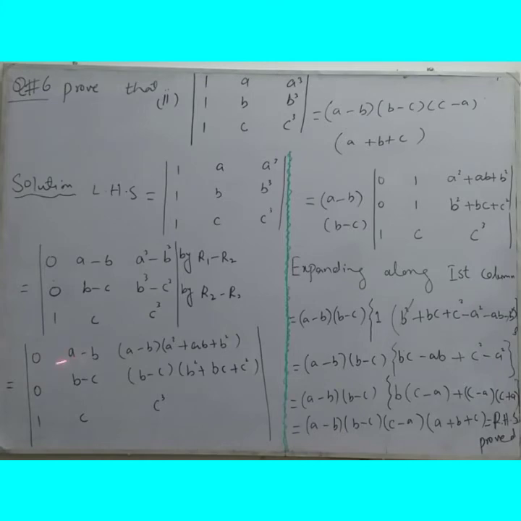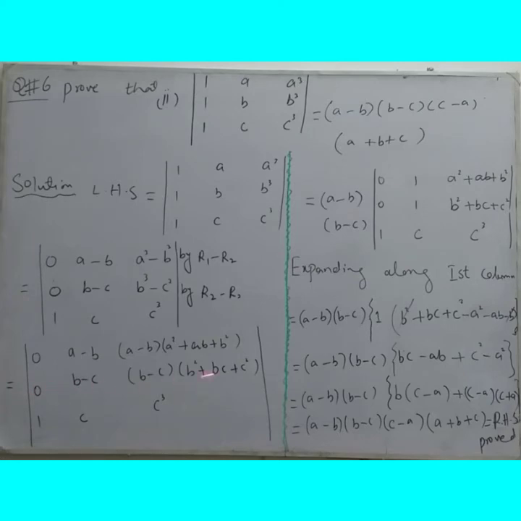Taking a minus b common from the first row and taking b minus c common from the second row. So when we take a minus b common from the first row, 0 will become 0 as it is. For a minus b it becomes 1, and for the last term a minus b is common, so only a square plus ab plus b square will be left.